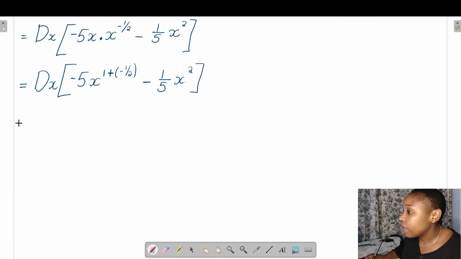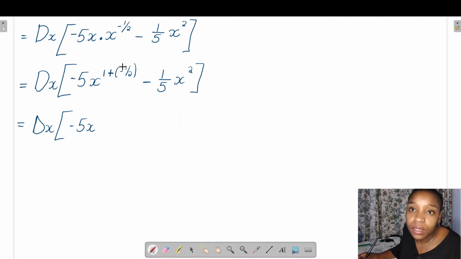If you simplify that further, your d of x is negative 5x to the power of 1 minus 1 over 2, which is just 1 over 2, minus 1 over 5 x to the power of 2.